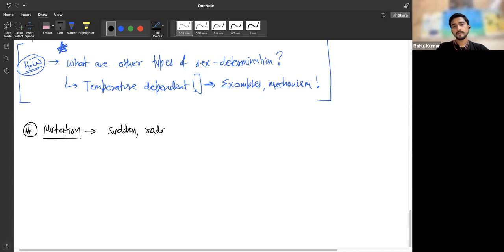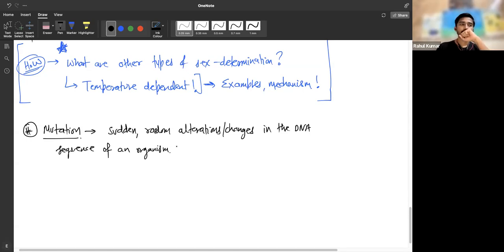Mutation is sudden, random alterations or changes in the DNA sequence of an organism, which leads to changes in the phenotype as well, correct?